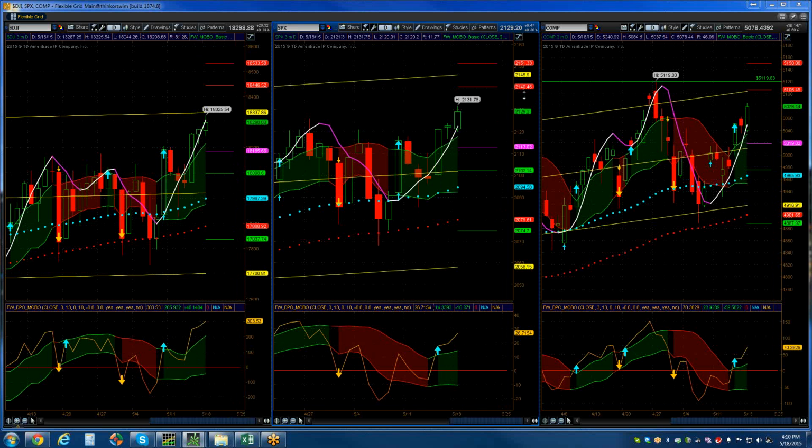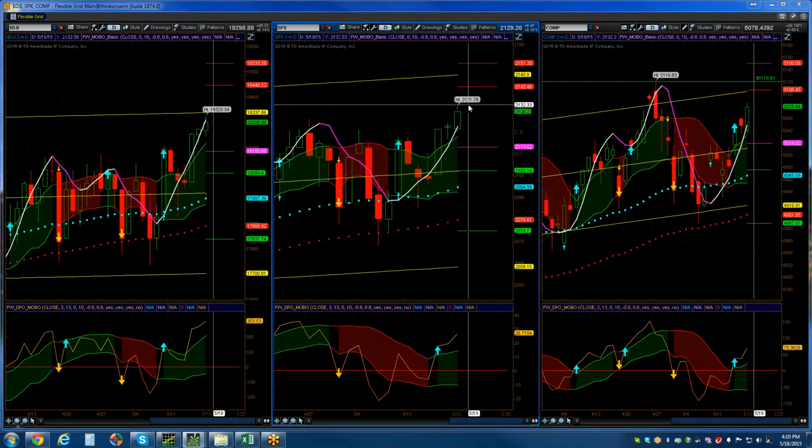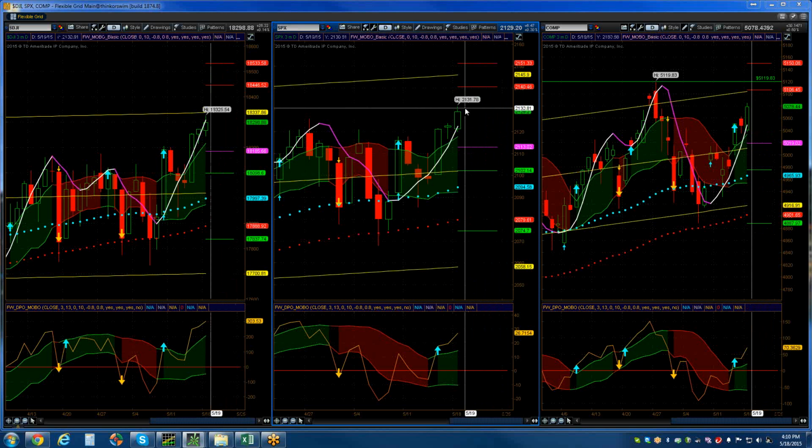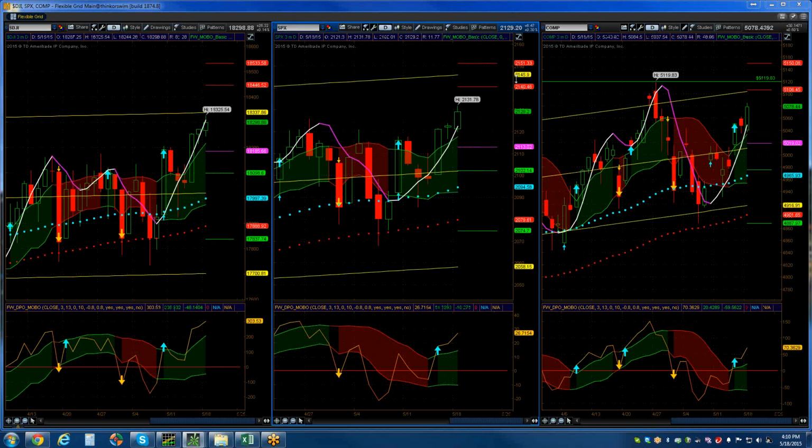The first resistance level on a monthly basis is 2140. Pivot is 2113. So really nothing is stopping us right now between this 2131 and 2140, those 9 points, and then if we break through that, we have 2145. We break through that, 2154, and that's how that works.